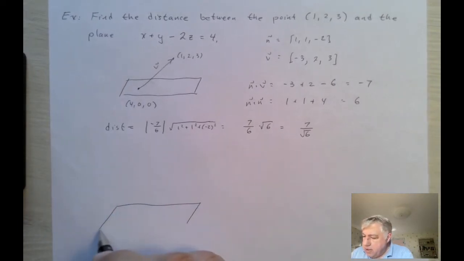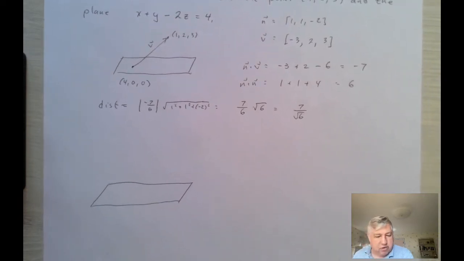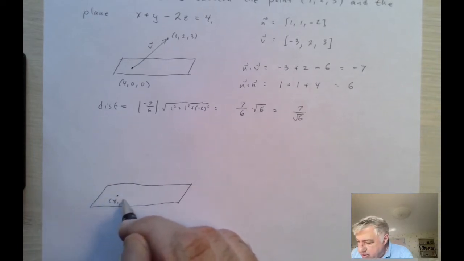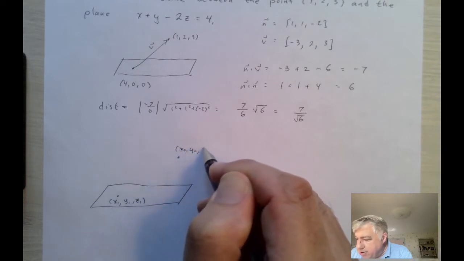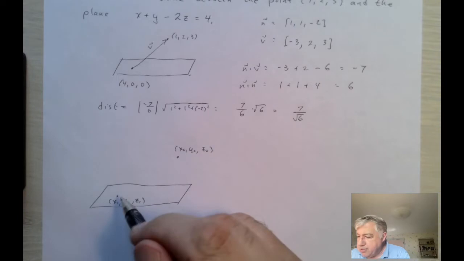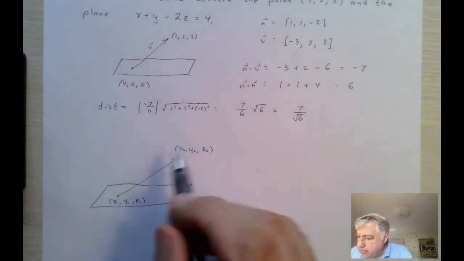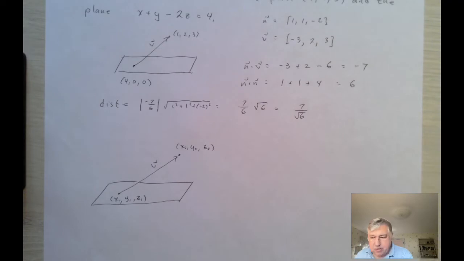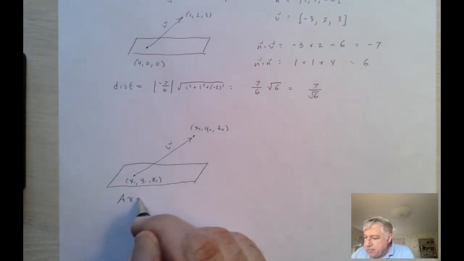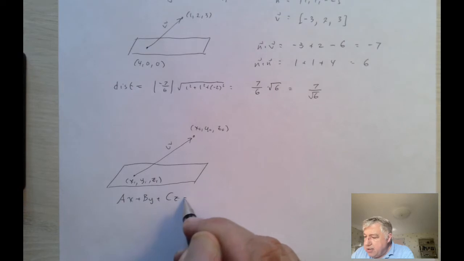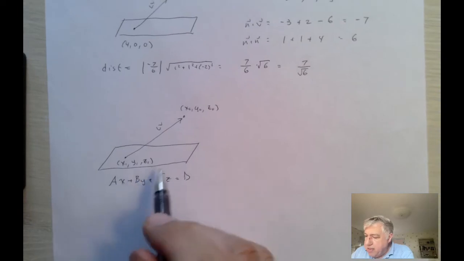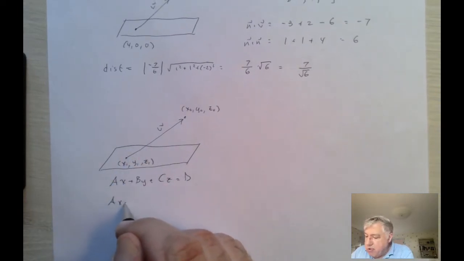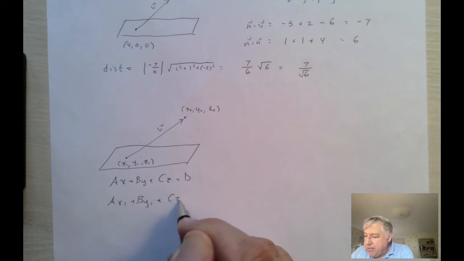In the formulas in your calculus book, if you already know a point in the plane, let's say x1, y1, z1, and x0, y0, z0 is the point off the plane you're trying to find the distance from, once again you can let v be this. And if the equation of the plane is given by ax plus by plus cz equals d, then notice that if this point is in the plane, we get ax1 plus by1 plus cz1 equals d.